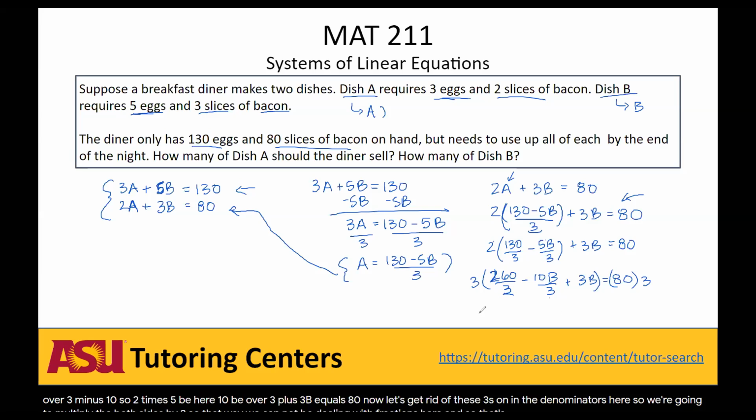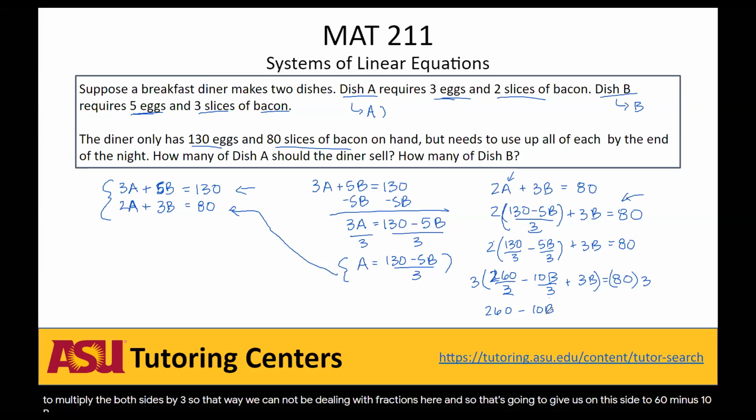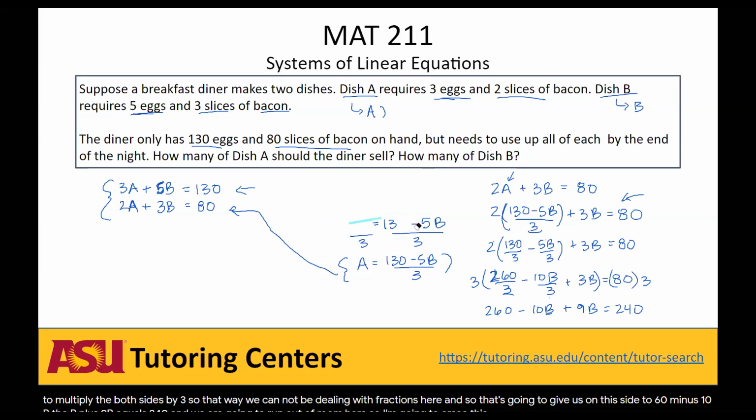And so that's going to give us on this side 260 minus 10B plus 9B equals 240. We are going to run out of room here, so I'm going to erase this and move on up to this side.